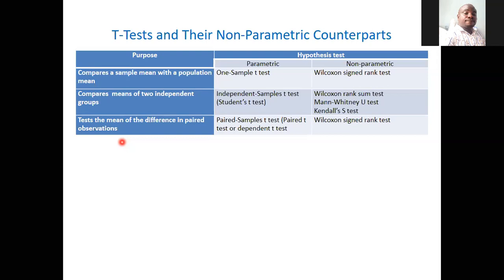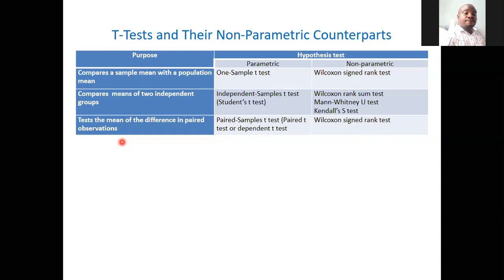So with the t-test and the non-parametric counterpart, you are comparing two things, the difference between two means. Even with one sample, there is one reference mean in the population you are comparing with, even though you are not using a data set. So these are the t-tests and their non-parametric counterparts.